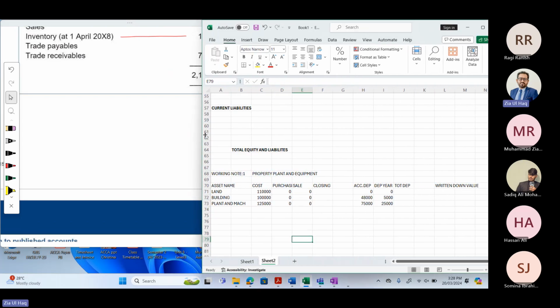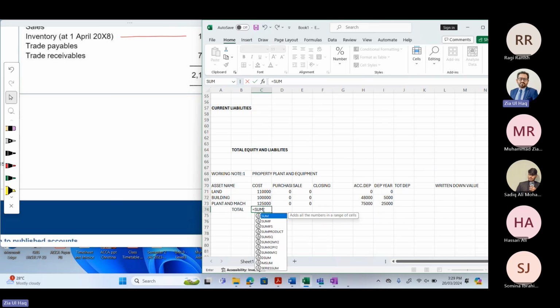What we need to do now? We need to calculate the values. How to calculate these values? Here put a heading total. We need to calculate cost total. How? Equal to sign, put SUM, bracket start. Move cursor here, Shift onward at the top, and then enter.